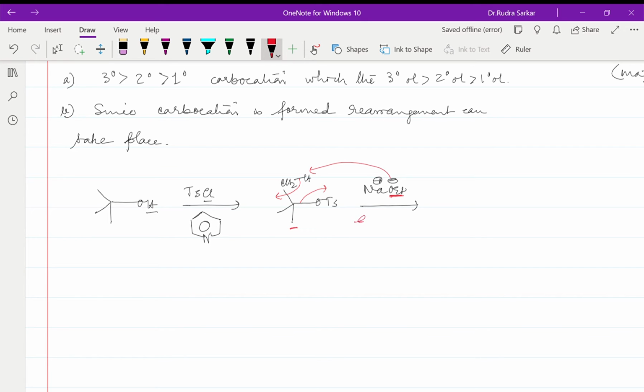So this is E2 mechanism. No carbocation formation is possible here. But again, you are getting the same product. Mechanistically, the reactions are different. Okay. What is actually happening when OH is getting tosylated from bad leaving group?